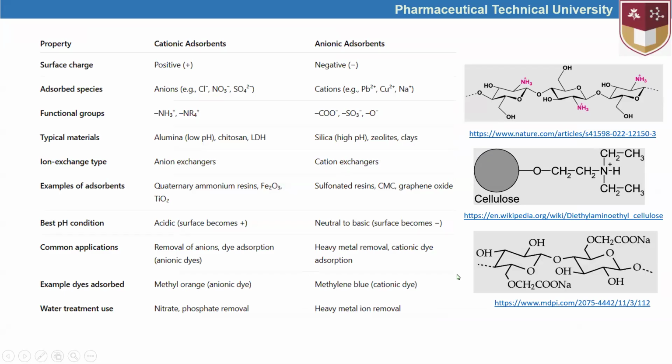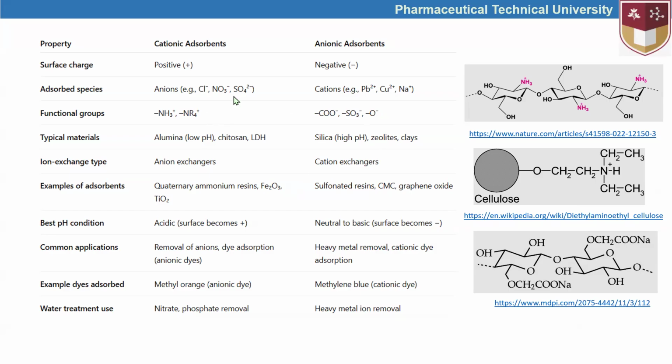Okay, here in this table we can see the adsorbents that are used in ion exchange chromatography. Ion exchange chromatography is classified as cation exchange chromatography and anion exchange chromatography.